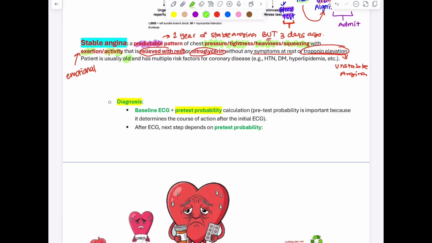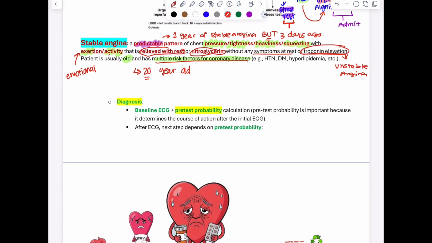These are usually older patients and have multiple risk factors for coronary disease. If you have a 20-year-old, let's say, and they don't have a history of anything, they're most likely not going to have angina. You're going to have to look at other causes. And so another tip for questions, whenever you're doing a question, look at how old the person is. Look at their associated risk factors.